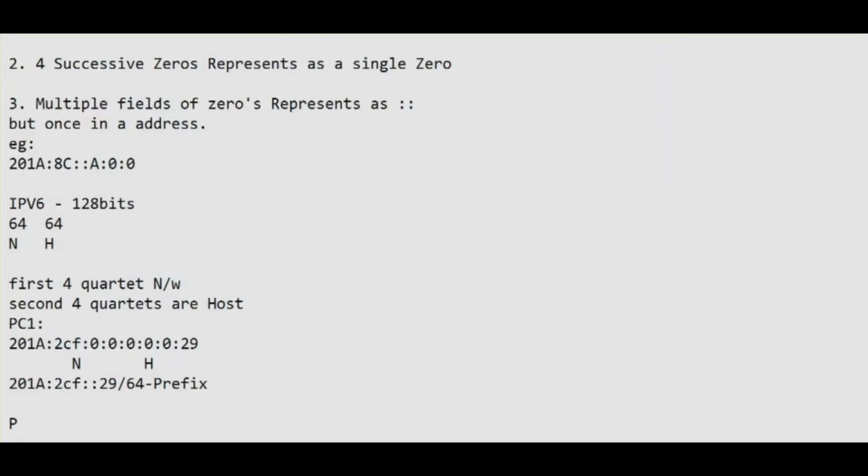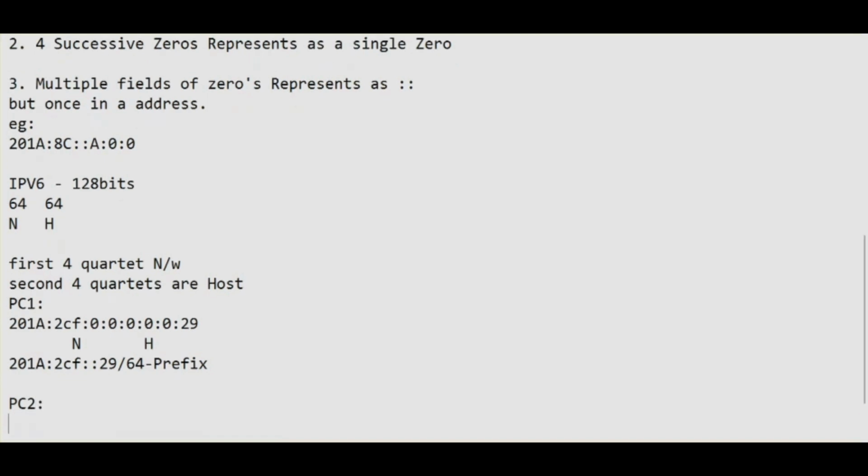And I have a second PC, PC2. In PC2, my IP address is 201A colon 2CD colon 0 colon 0 colon 0 colon 0 colon 0 colon 19.